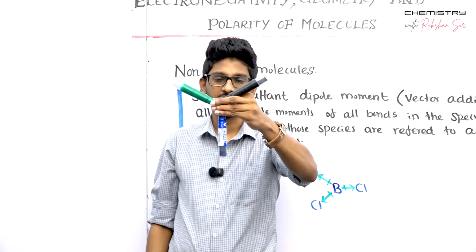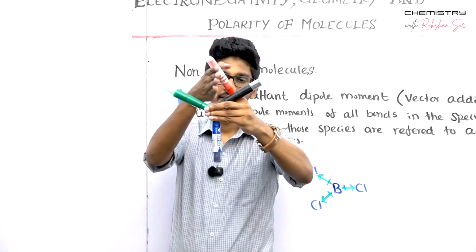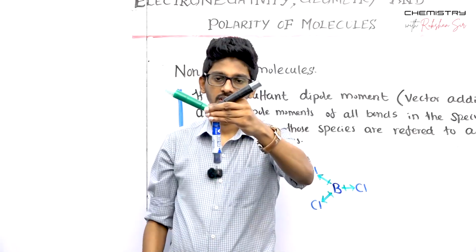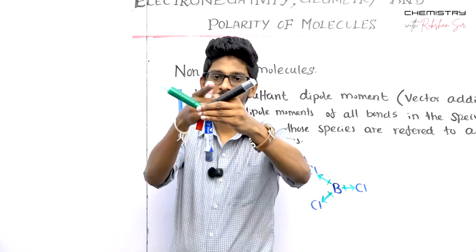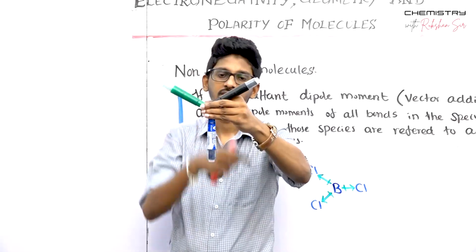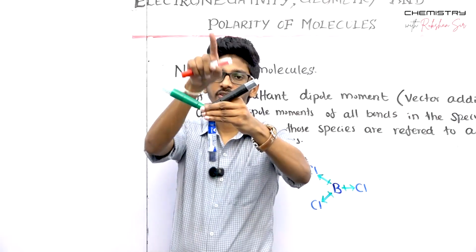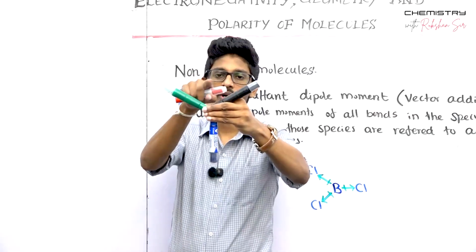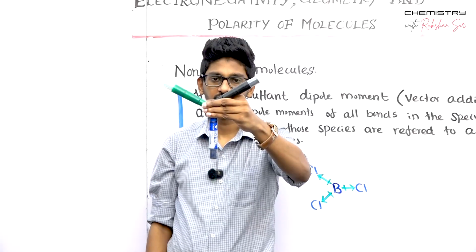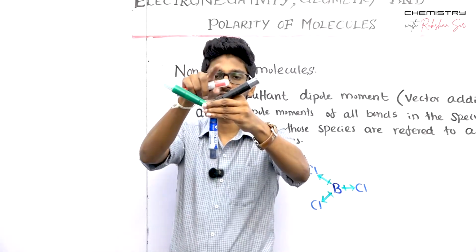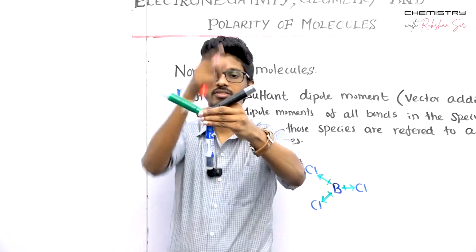What about the vertical resolve? From this dipole moment comes x cos 60, and here as well another x cos 60. So 2 into x cos 60. Cos 60 is half, so 2x into half is just x. That x will cancel off with this.